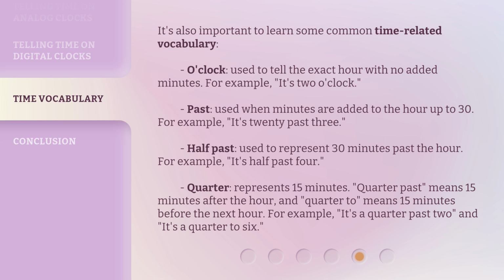For example, it's 4:30. Quarter, represents 15 minutes. Quarter past, means 15 minutes after the hour, and quarter to, means 15 minutes before the next hour. For example, it's 2:15, and it's 6:45.